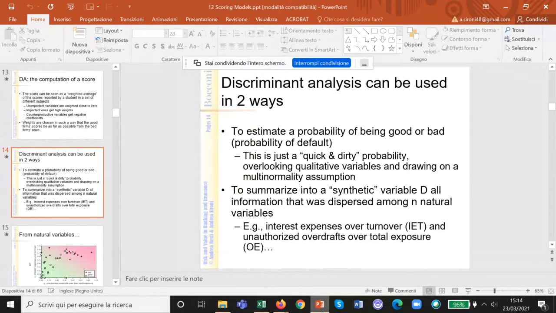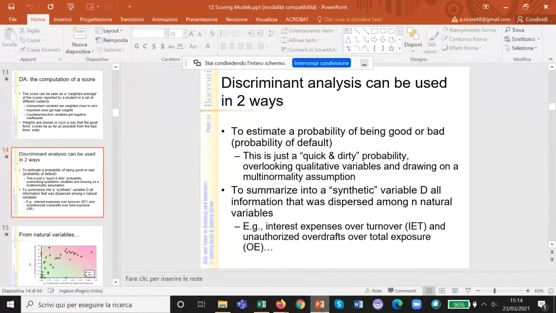We must also say that we could use a discriminant analysis model to estimate a probability of default, i.e. to estimate the probability of being good or bad.